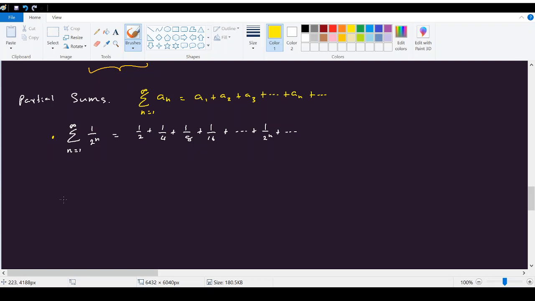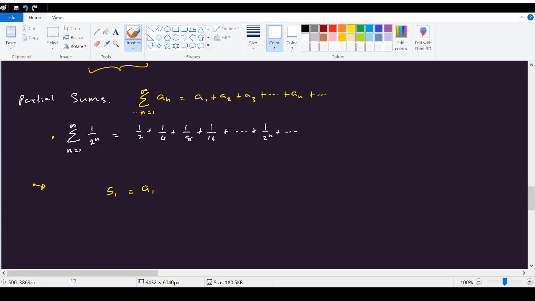Partial sums are defined like this. Now I am going to define the meaning of partial sums. Here what we do is we first say S1 is equal to a1, that means our very first term.